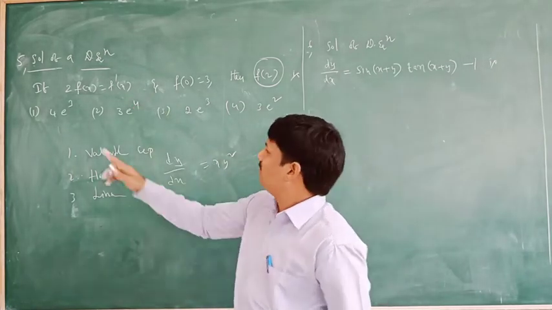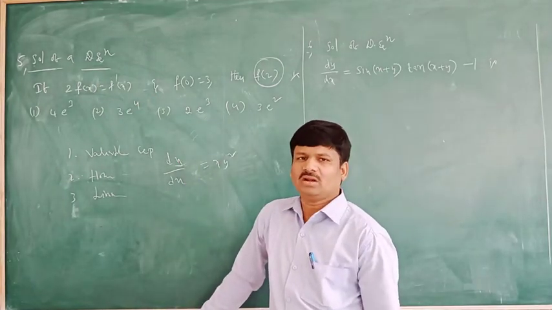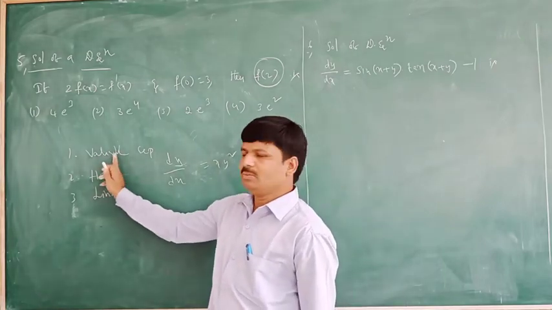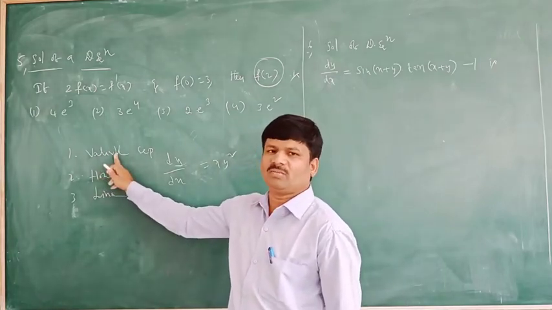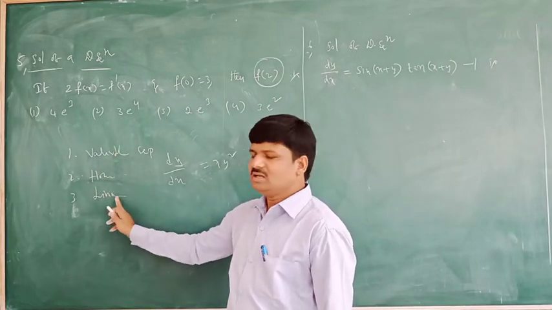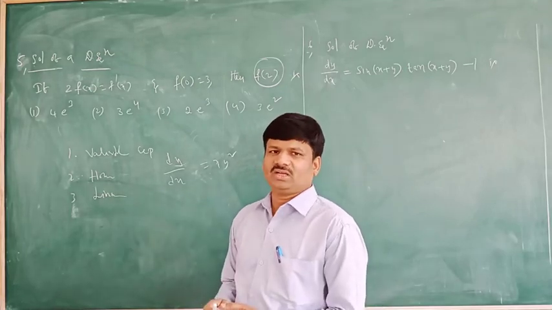He is asking to find the solution, which means you have to find it with the help of these 3 methods only. We have to check whether it is in the form of variable separable, or homogeneous, or linear, and find the solution of the differential equation.